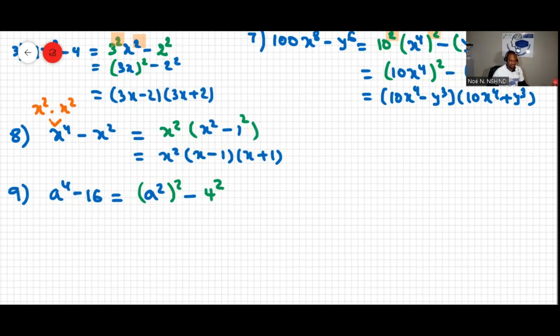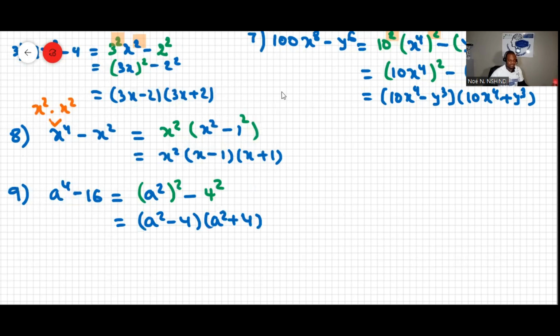So when we factorize this, it will be a squared minus 4, and then a squared plus 4.